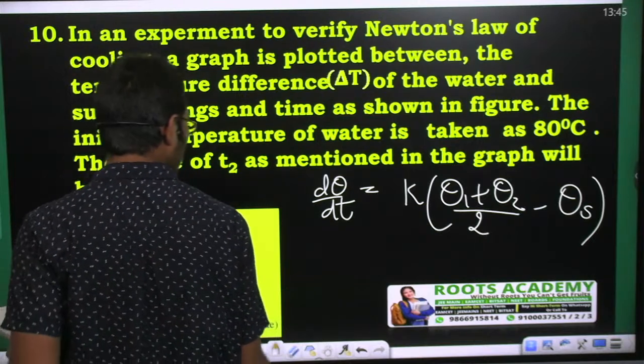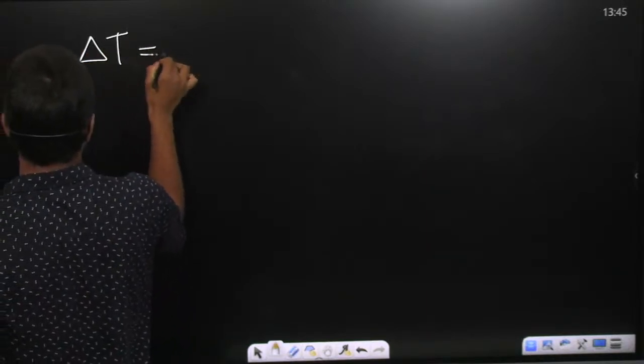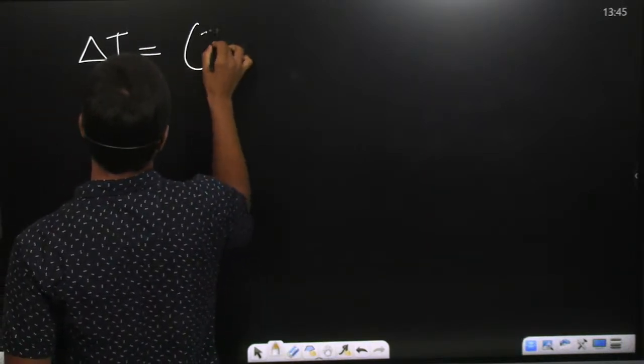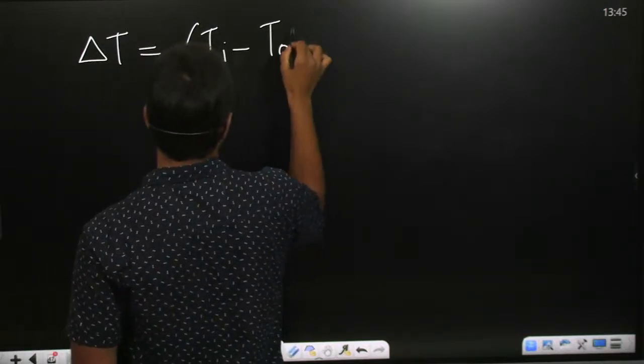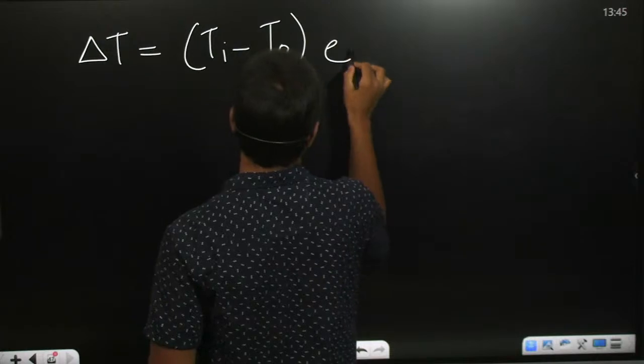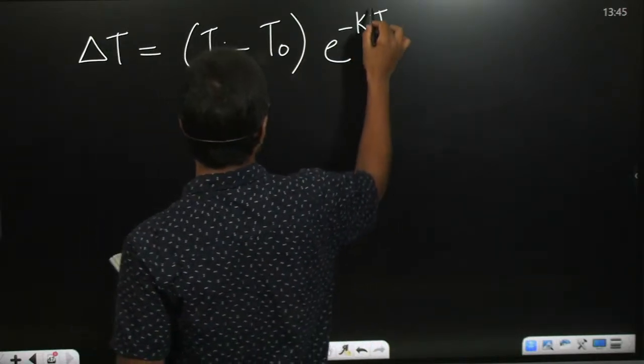If we try to derive it, with a standard notation, we get T equal to Ti minus T naught, e power minus kt, where t is the time.